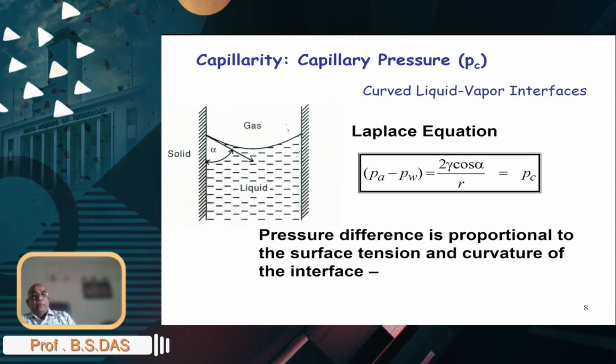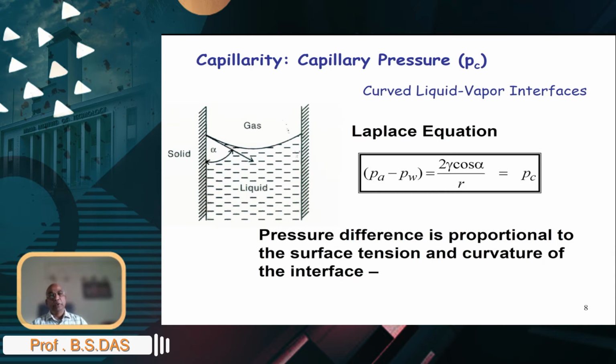The third one, of course, is again related. We know that this curvature that develops at the gas-liquid interface is a result of the resultant force because of the molecules interacting at the interface, typically creating a pressure difference across the interface.